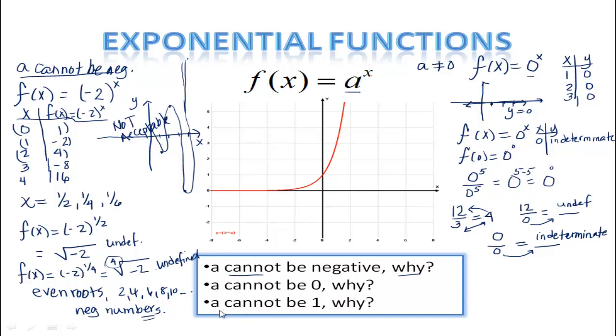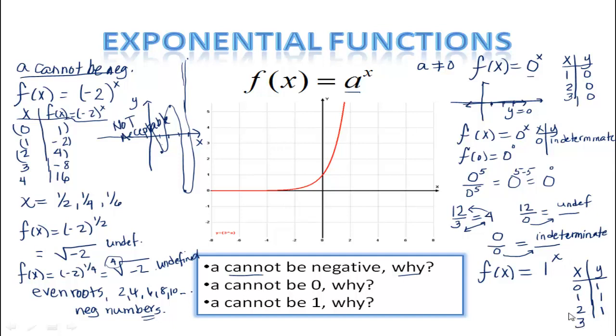And our last restriction here is a cannot be 1. A cannot be 1 for the same reason it can't be 0. If I have f of x equal to 1 to the x power, if a is equal to 1, look at what happens when I draw my table of values here. If x is 0, y is 1. If x is 1, 1 to the 1 power, 1. If x is 2, 1 to the second power will be 1 times 1, 1.